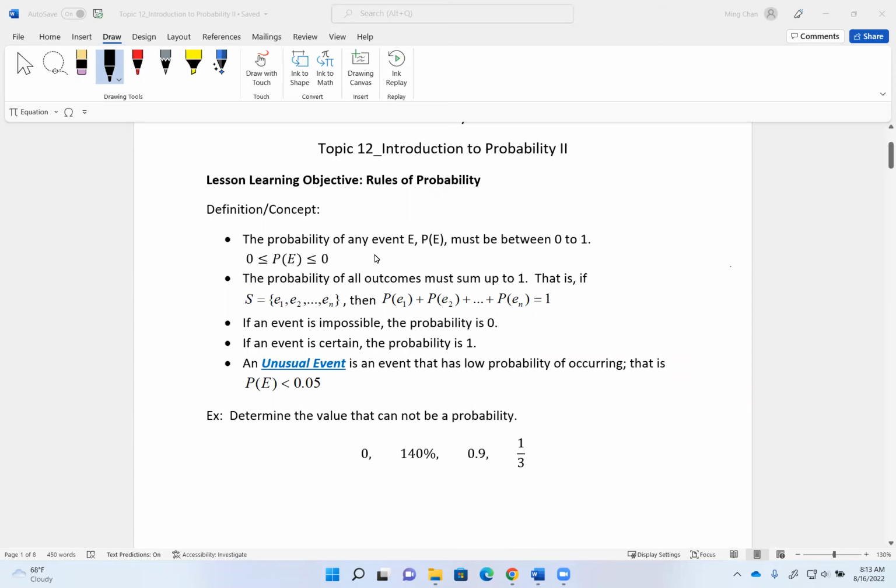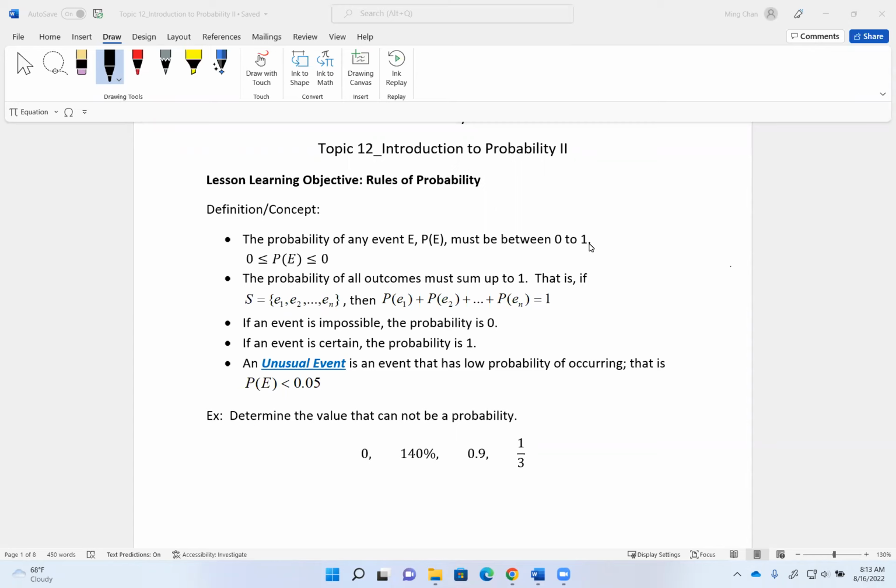Just a quick look at some of the important rules. The probability of any event E. I defined the event last time in a definition and concept. If I have an event, the probability of the event must be between 0 and 1. 0 means 0%, 1 means 100%.